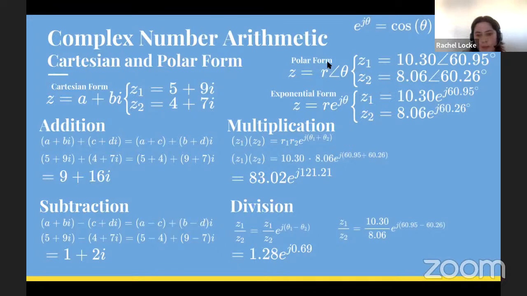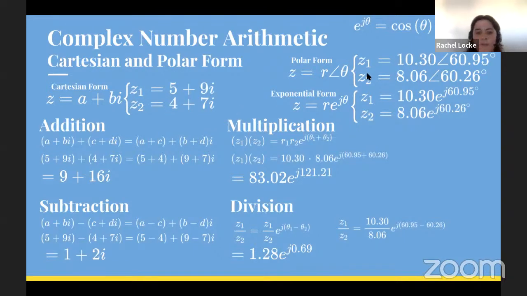And by using polar form or exponential form, multiplication and division of complex numbers is made easy because we can just multiply the magnitudes of the complex numbers together and add the angles, or the phases. These complex numbers up here are actually the conversion of the ones I just showed you.